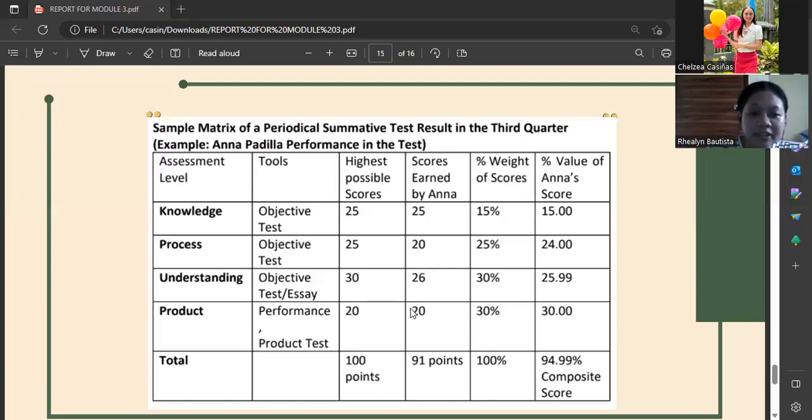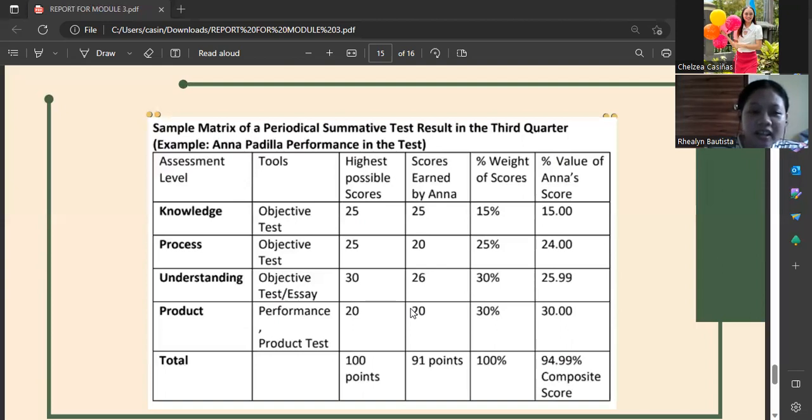Ang weight naman ng highest scores, sabi nga kanina, is 15%, 25%, 30%, and 30% per product. And ang percent value of Ana's score, yung 25 niya, syempre 15% yun, since naka-perfect siya dun sa test dito sa knowledge.